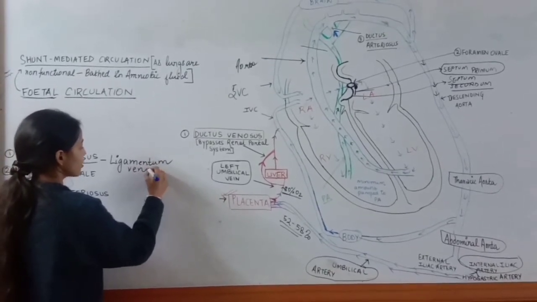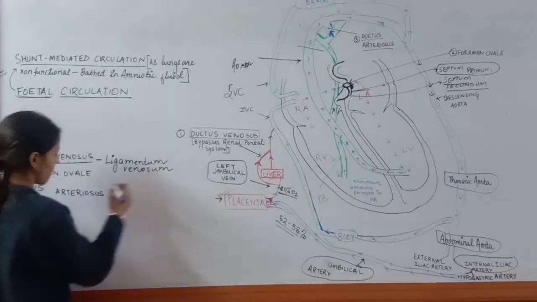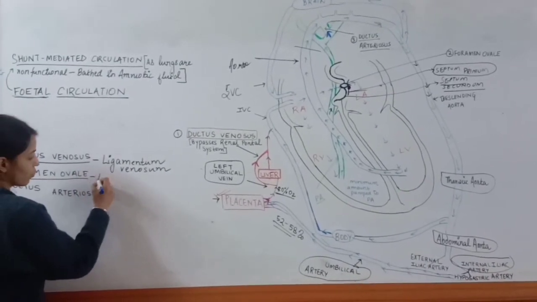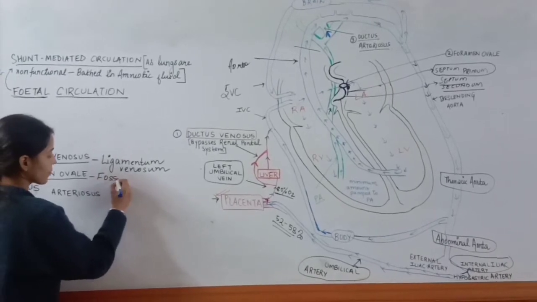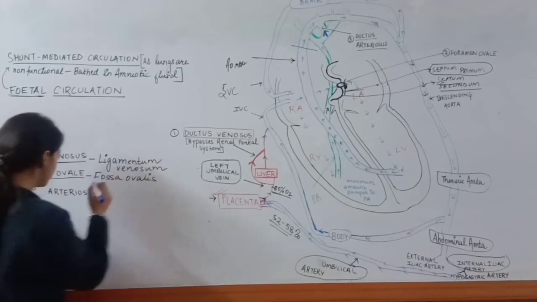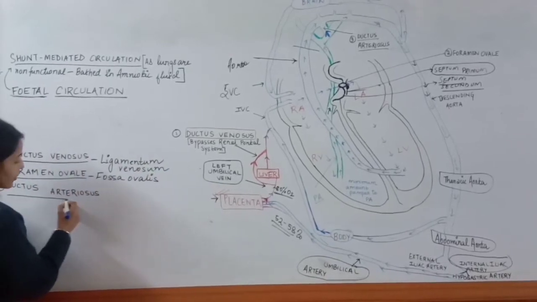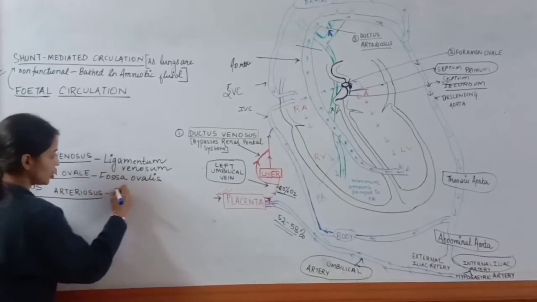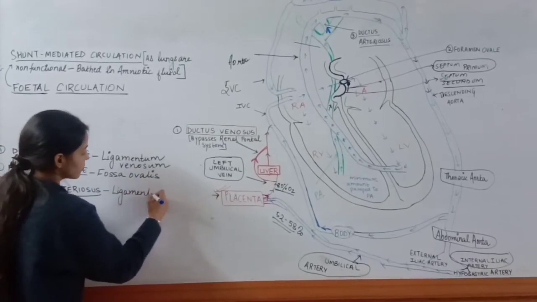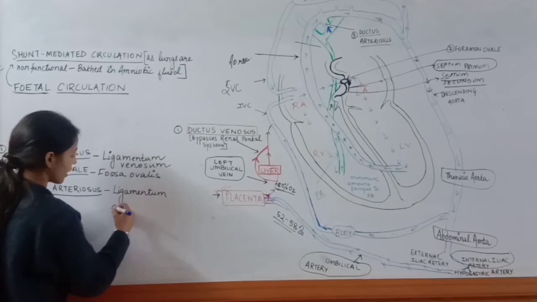Foramen ovale changes into fossa ovalis. Ductus arteriosus changes into ligamentum arteriosum.